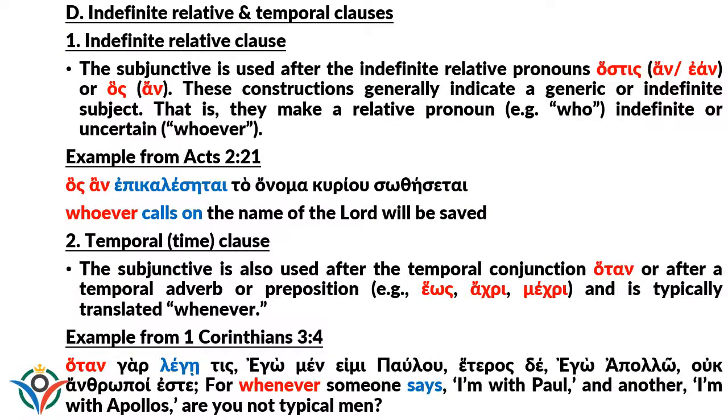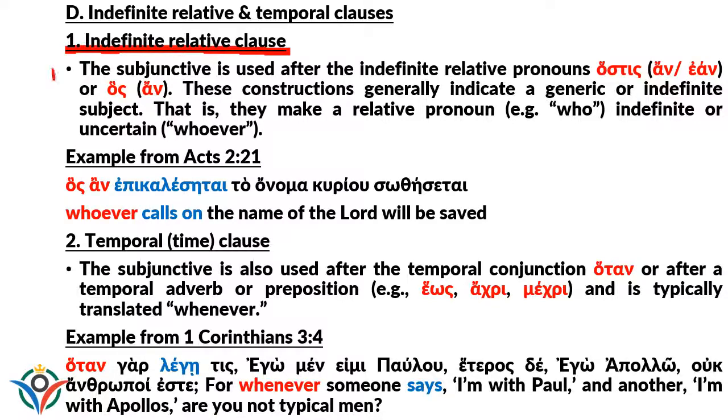Let's now look at the fourth use of the subjunctive verb with definite clauses, and this is the indefinite relative and temporal clauses. So let's firstly speak about the indefinite relative clause.